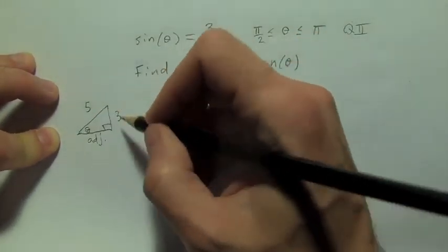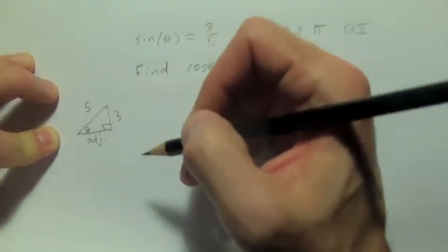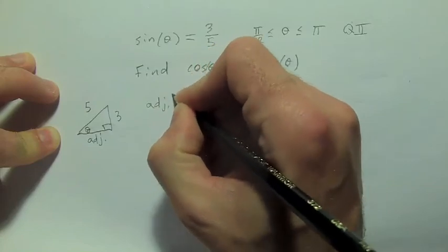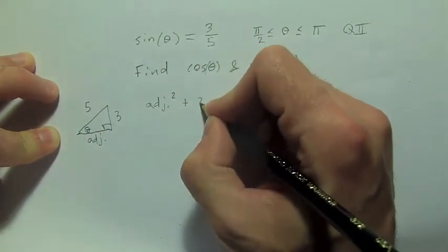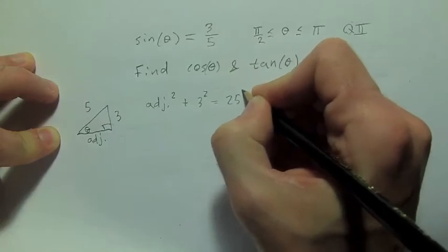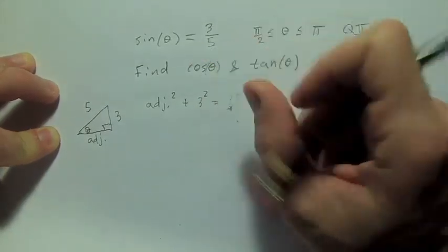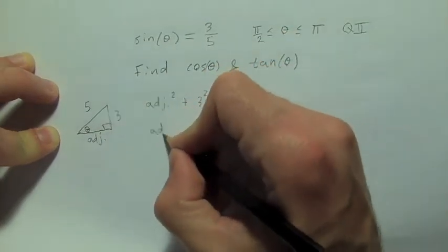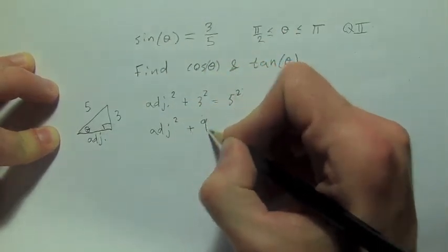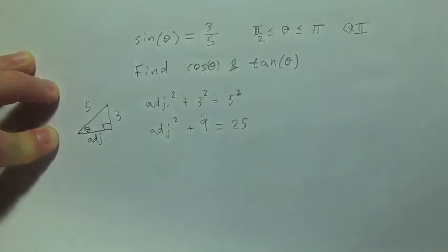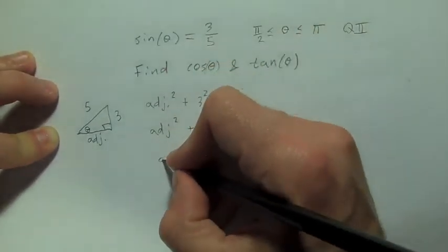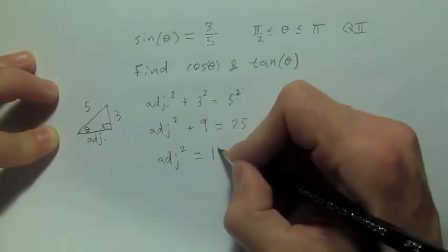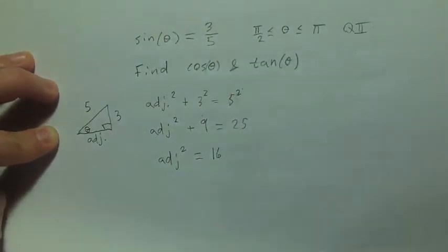So we can use the Pythagorean theorem, right, that the side adjacent squared plus 3 squared is equal to 5 squared, so I actually have adjacent squared plus 9 is equal to 25. Subtracting out the 9, I get the side adjacent squared is equal to 16.